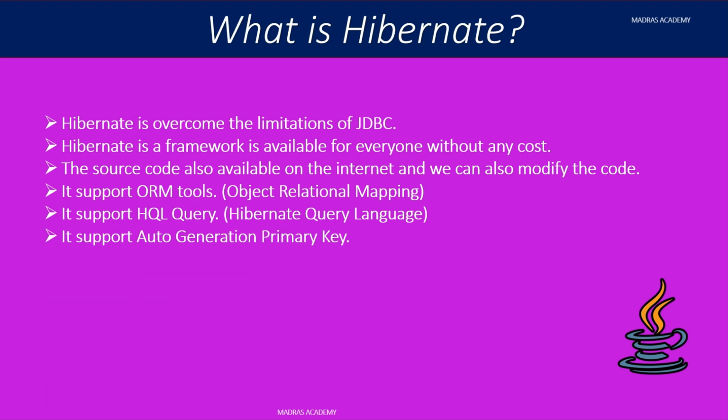And it supports auto generation of primary keys, and no need to write try-catch blocks. In JDBC, each and every time we communicate with the database, we need to write a try-catch. But here, without try-catch, we can directly communicate. It's similar to the object-oriented concept. It's very easy to handle here.